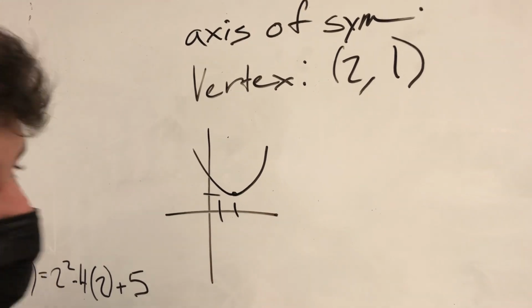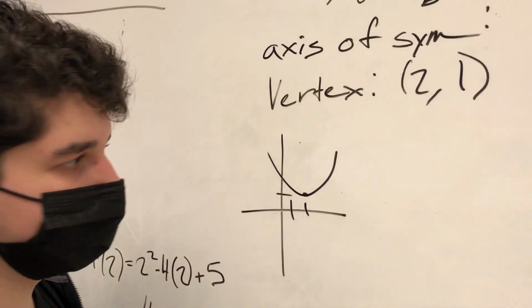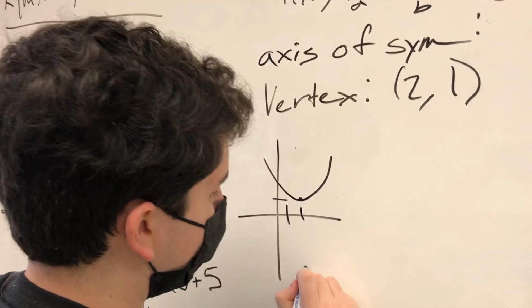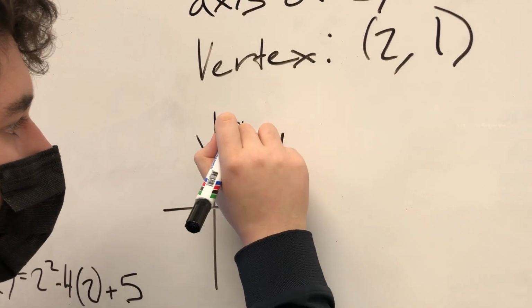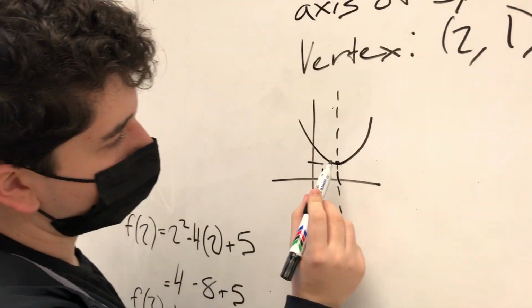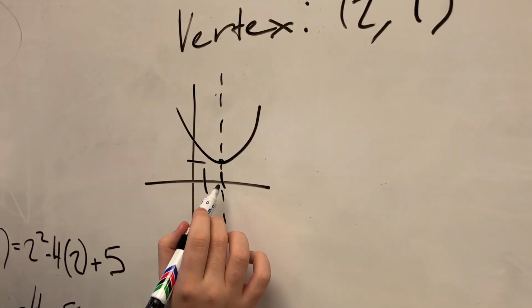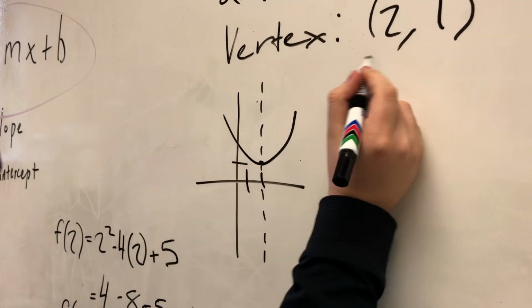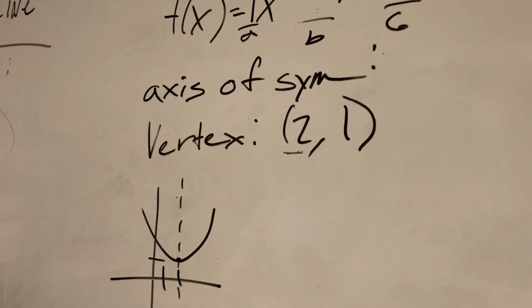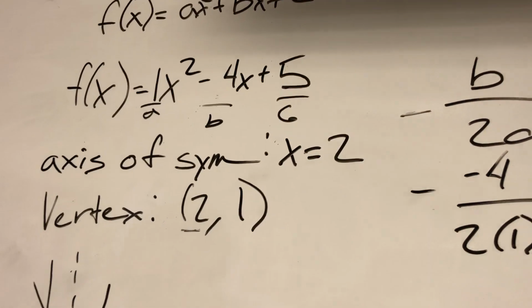So our axis of symmetry, which is going to be a line straight up and down, needs to run right in the middle of that. If we wonder where this line is, well, it's at x equals 2. So our line of symmetry is straight up and down at x equals 2, which is also the first coordinate in our vertex. So our axis of symmetry is x equals 2.